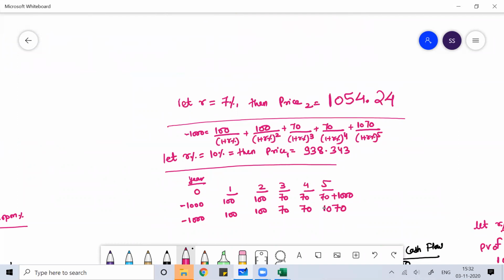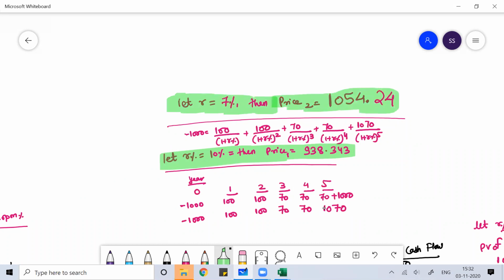If I take R is equal to 10%, I'm getting a price of 938.343. If I take R is equal to 7%, then I'm getting the price as 1054.24. But I want the price to be 1,000 rupees.